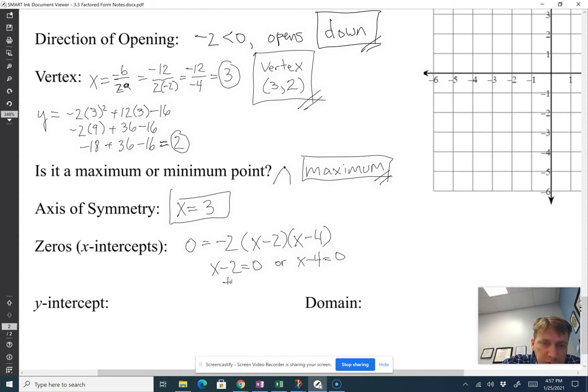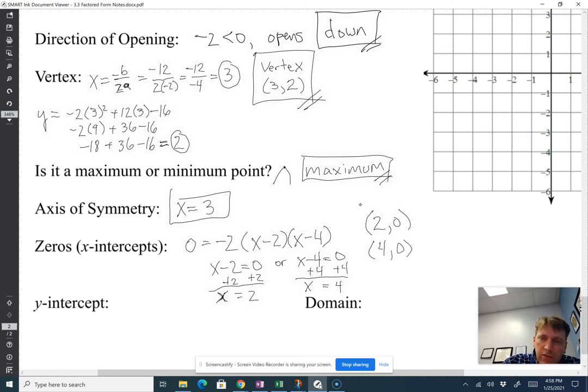So here I add 2 to both sides, and x equals 2. And here I add 4 to both sides, and so x equals 4. And so our zeros, or our x-intercepts, are 2 comma 0 and 4 comma 0.